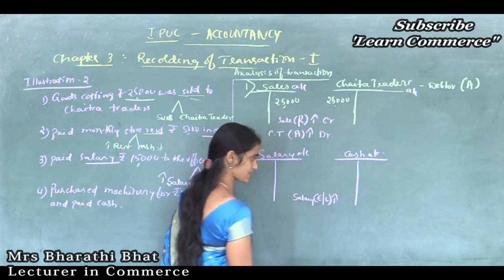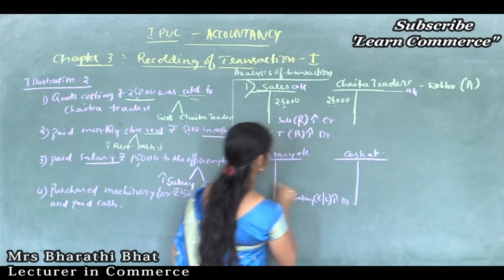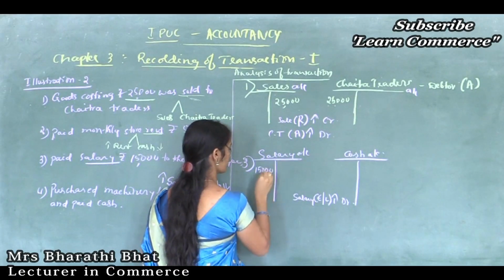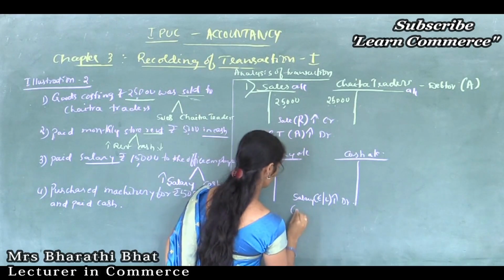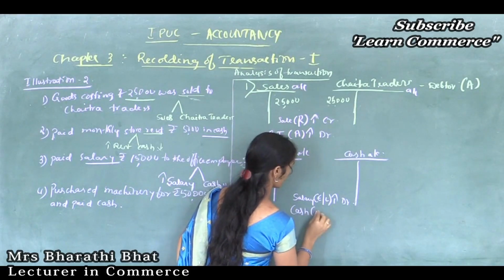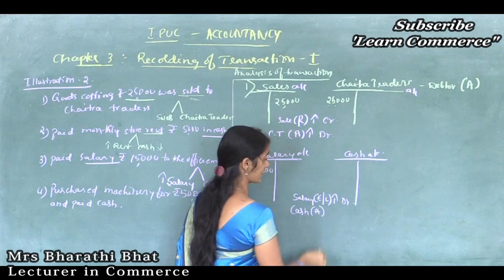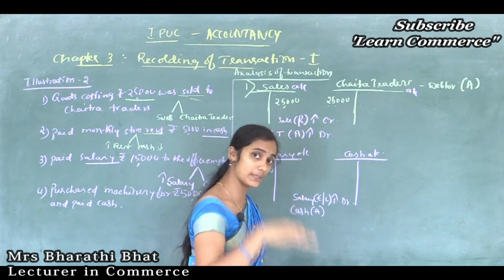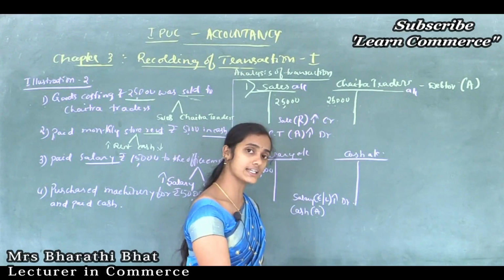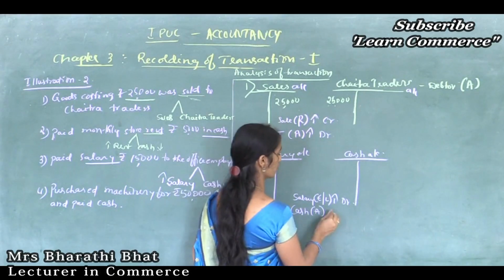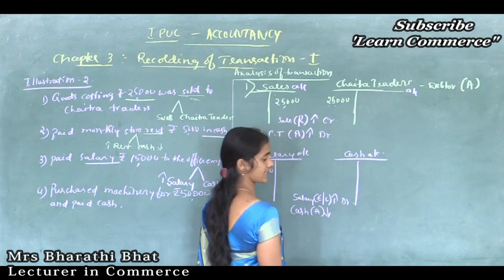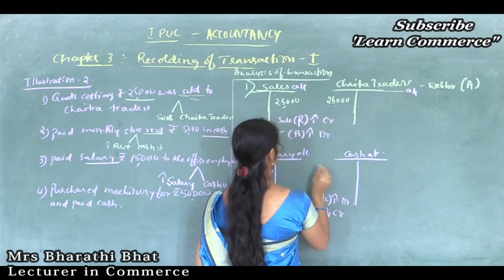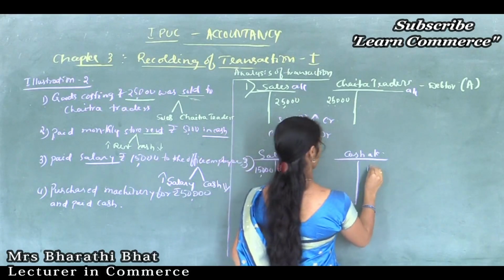Increases in expenses is to be debited. So how much? 15,000 debited. One more is cash. Cash is considered as asset. When paying salary, the cash we have decreases, meaning cash in the business decreases. So what should we do? Decreases in asset is to be credited. We debit here, credit here.